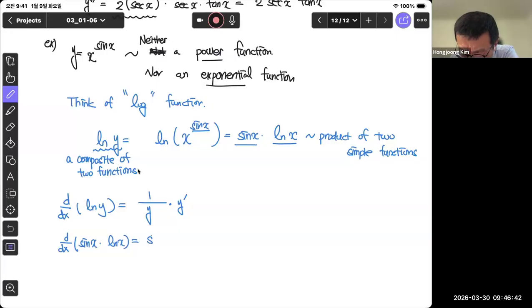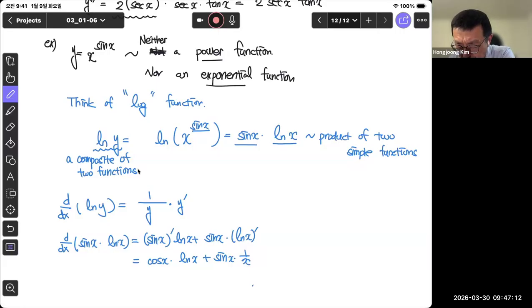I first differentiate sine multiplied by the next term, plus the sine function without differentiation multiplied by the derivative of the logarithmic function. So you get cosine x times ln x plus sine x times 1 over x.